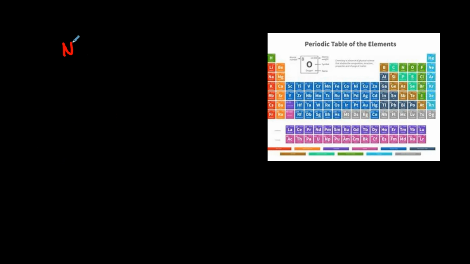So, the effective nuclear charge of nitrogen is simply going to be the amount of protons it has, which is 7, minus the shielding electrons. According to the periodic table, nitrogen will have 5 valence electrons. In other words, it'll have 2 core electrons for a total of 7 electrons, because remember, the electrons and protons are the same in a neutral element. So we'll have 7 minus 2, which equals 5. So this is the effective nuclear charge of nitrogen.